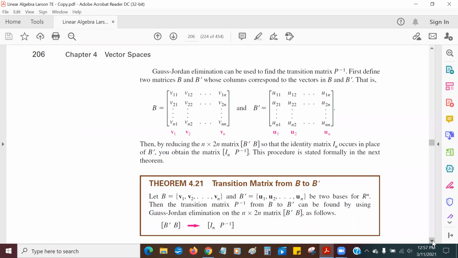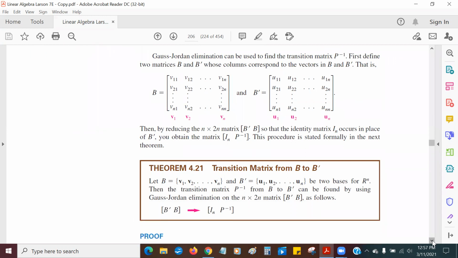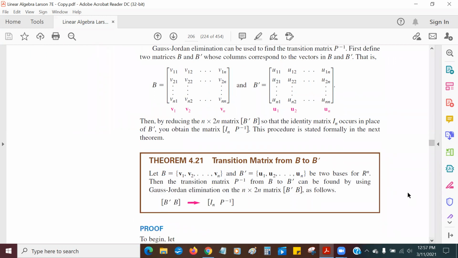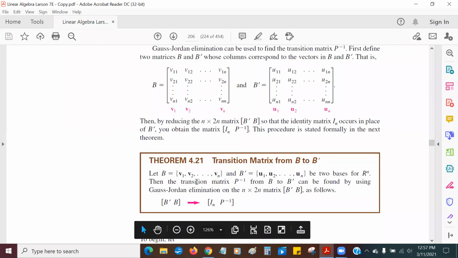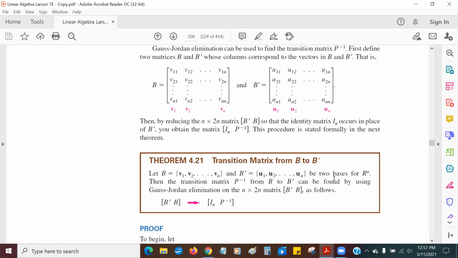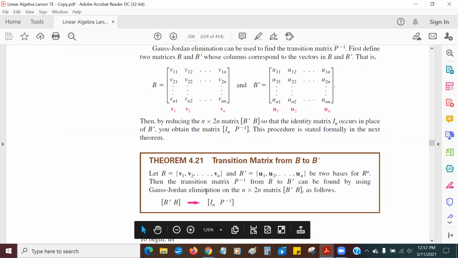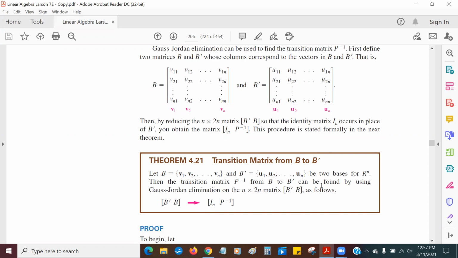And this leads us to another very important theorem, which is that if B is a set of vectors and B prime is a different set of vectors, each of which is a basis for Rn, then the transition matrix from B prime to B, P inverse, can be found using Gauss-Jordan elimination on the n by 2n matrix.